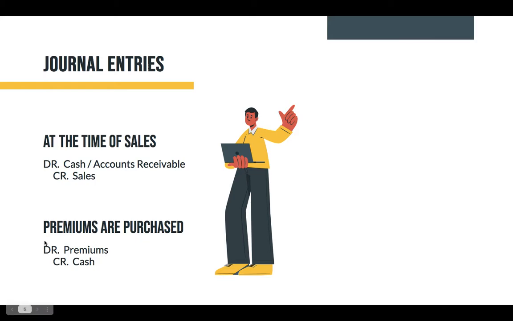So we debit assets, which is the premiums. Since this is part of the normal operating of the business, this is a current asset. Then we credit cash when we purchased the premiums.